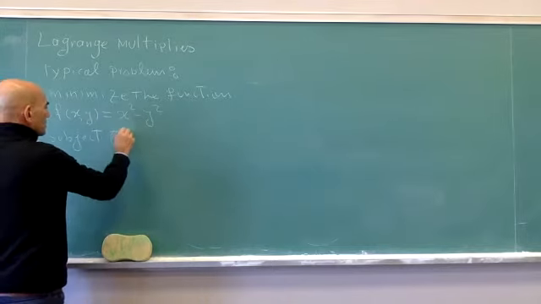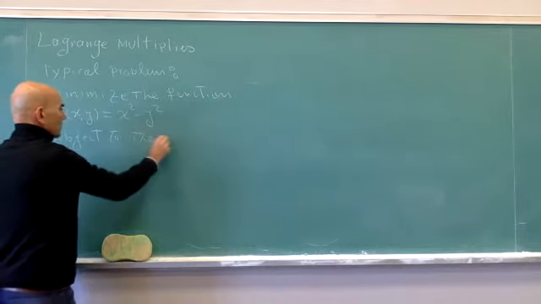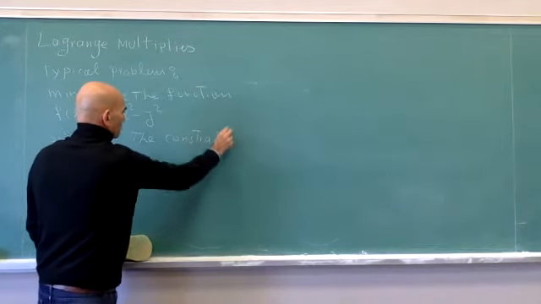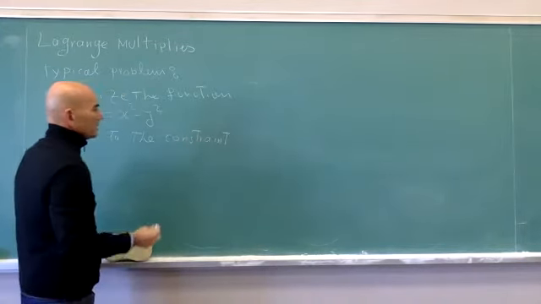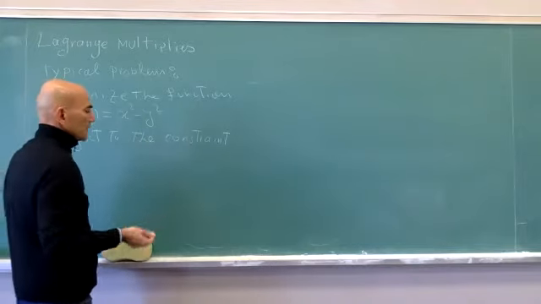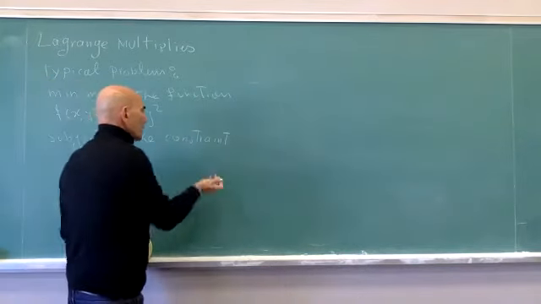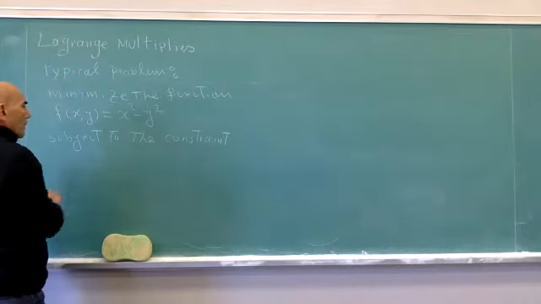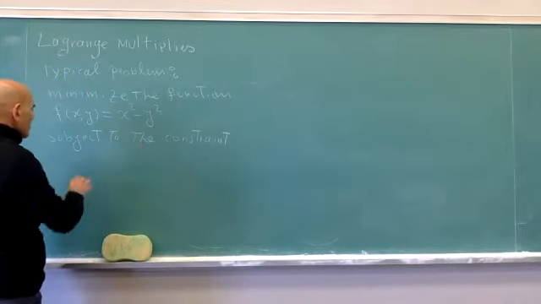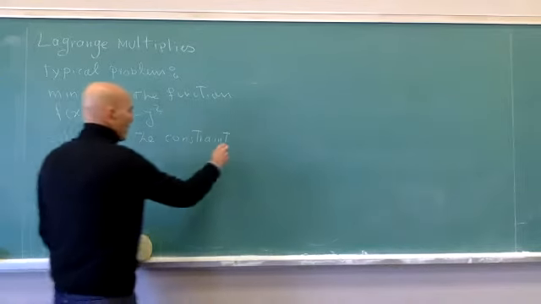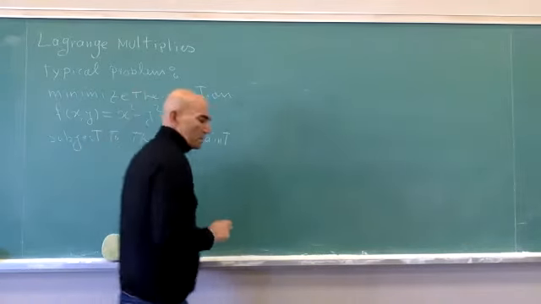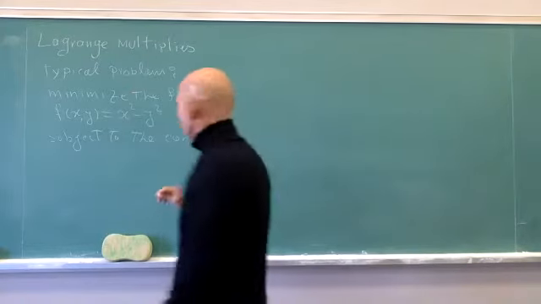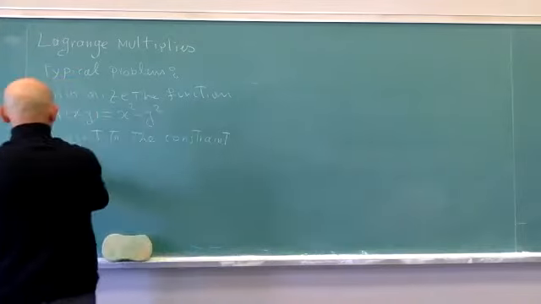The constraint is not really technical, but it's a word that's used in this business. It means condition, really. It means the limitations for your problems. You are not free when you see constraints. So what is the constraint in this case? x plus y plus 6 equal to 0.